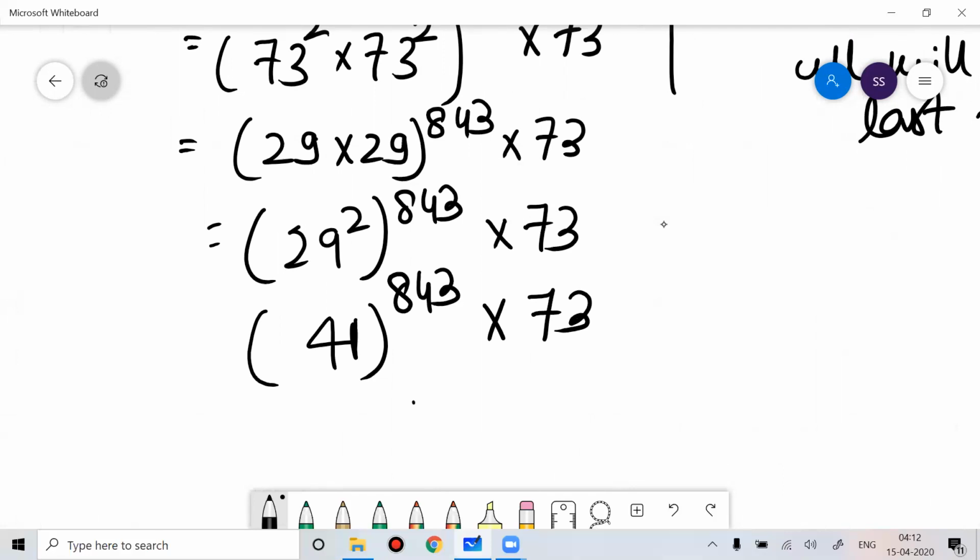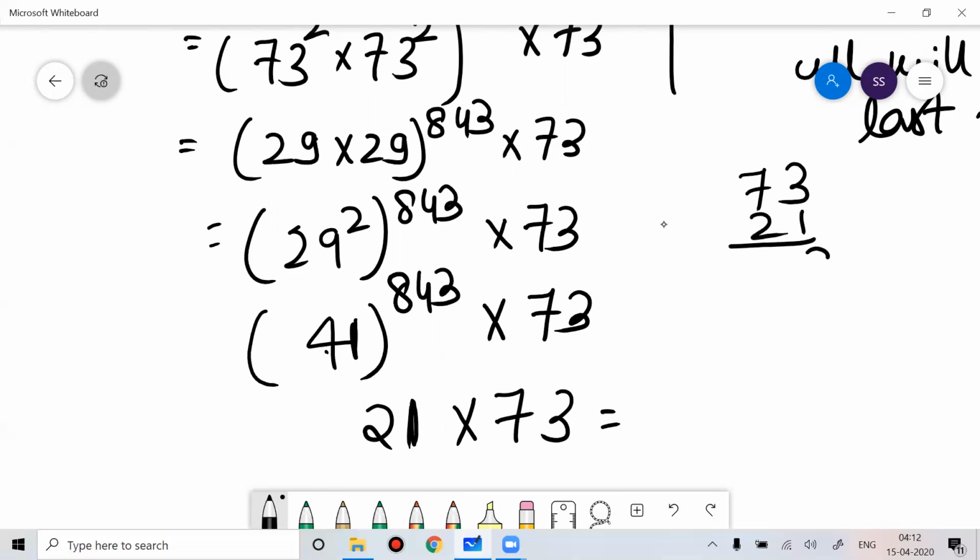Now you know that the unit digit here would be 1, and 4 threes are 12, so this would be 21. So find 21 into 73. 3 times 1 is 3, then 7 times 1 and 2 times 3 gives 3 with a carry, so you will get the value 33. That is the last two digits of the number.